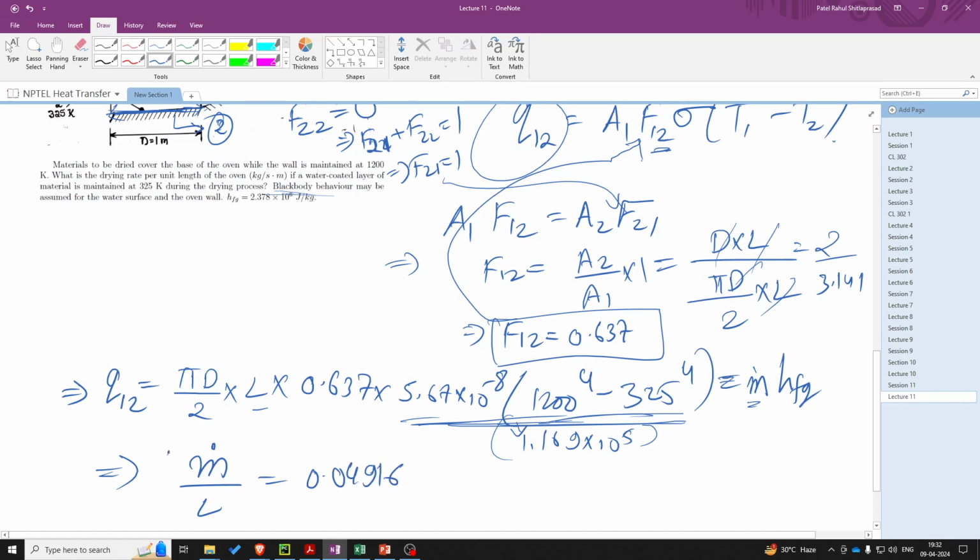So the drying rate from the given oven will be around 0.0492 kg per second per unit length of the oven.